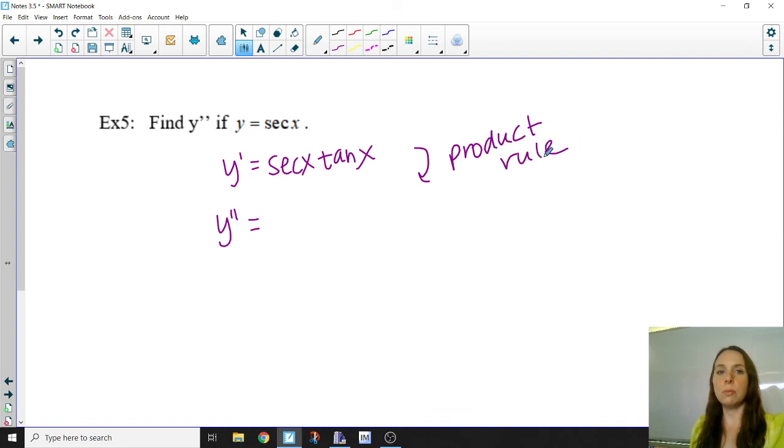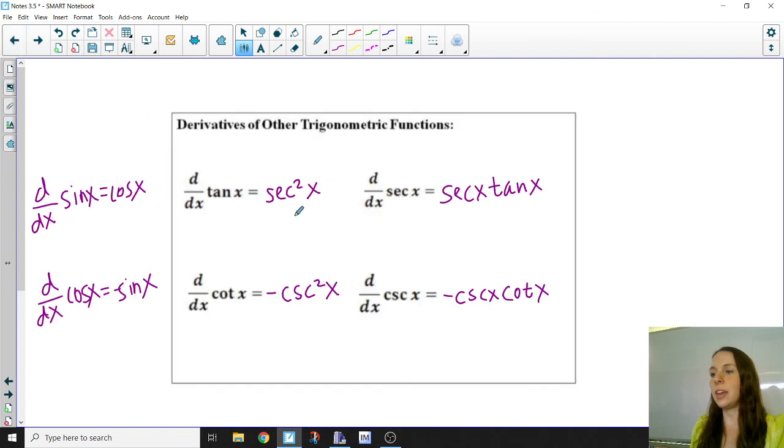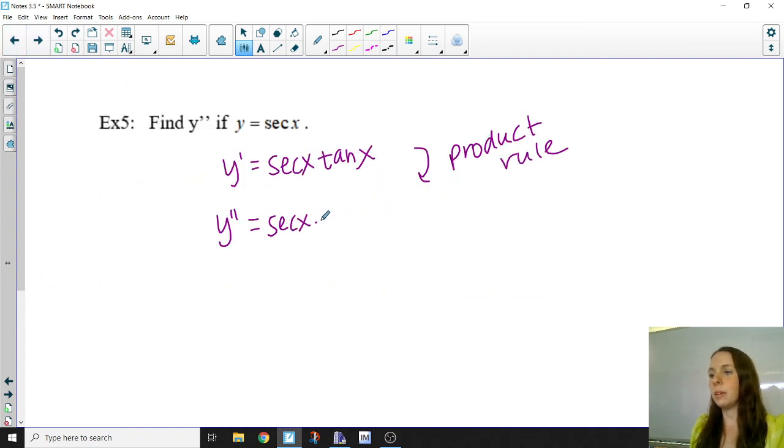1 d2 plus 2 d1. So the first function comes down, and we multiply by the derivative of the second function, which is tangent. That derivative is right here, secant squared. There's 1 d2 plus 2 d1. The second function comes down, and we multiply it with the derivative of the first function.